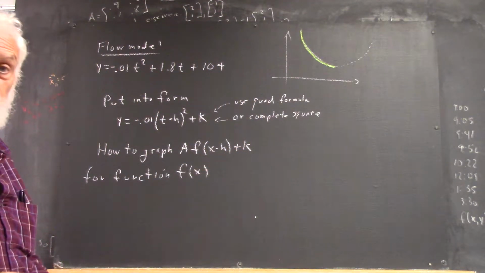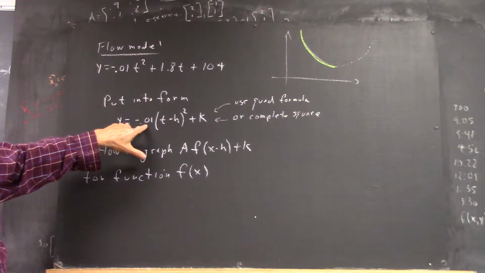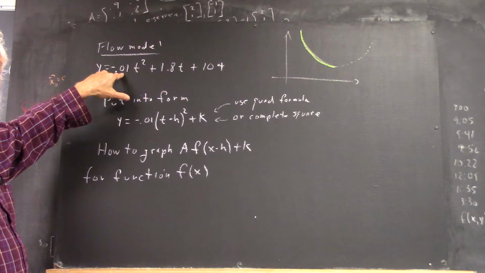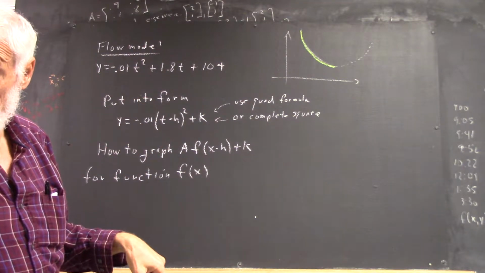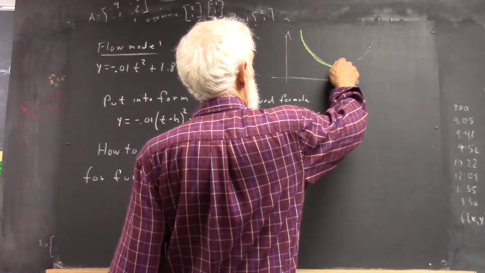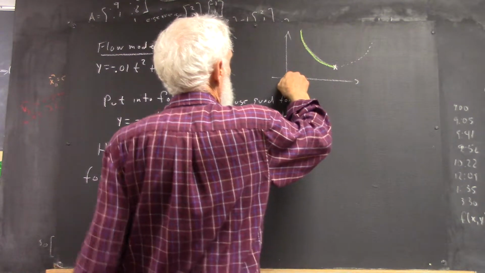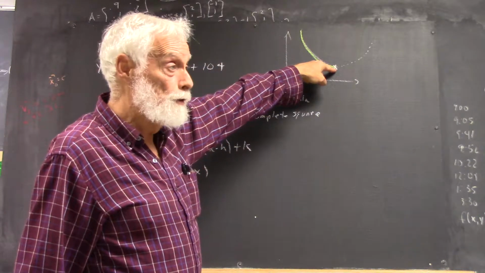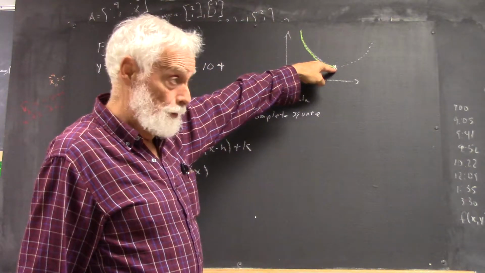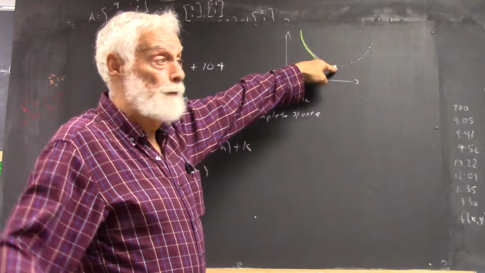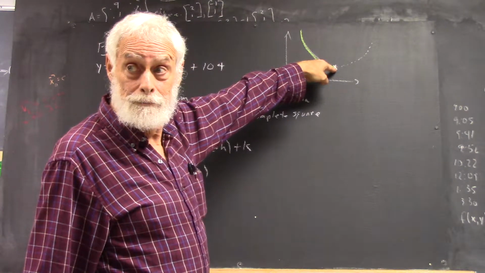And then your vertical stretch is going to be just this number here, whatever's in front of t squared. Then you have to translate the vertex, which was originally at the origin, over to wherever the vertex of the actual parabola is. Well, you could take your graph and estimate where the vertex is.